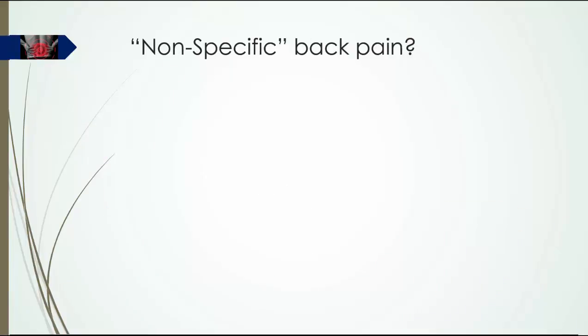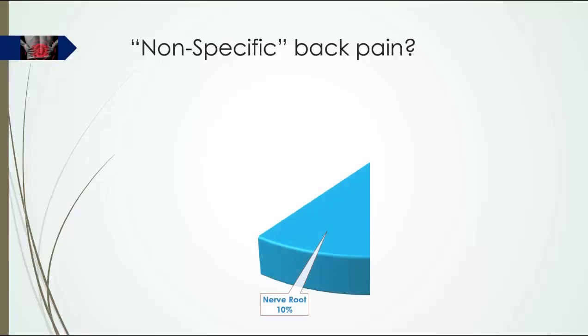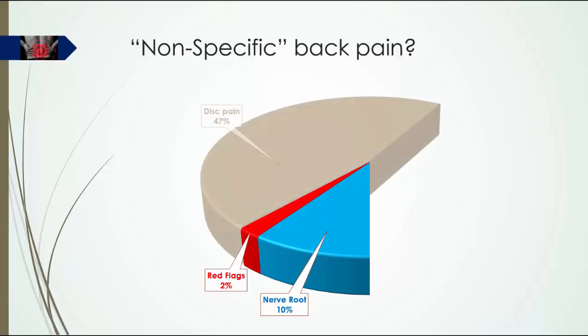So, what does lie within this inaptly named spectrum of cases broadly categorized as non-specific? Well, setting aside the so-called specific cases of nerve root pain and the red flag conditions, it is highly probable that the anterior column, that is the intervertebral disc, is the largest contributor to the mix.